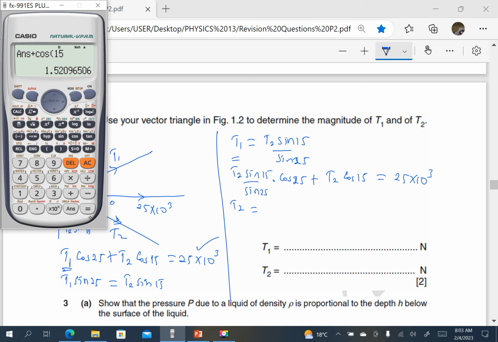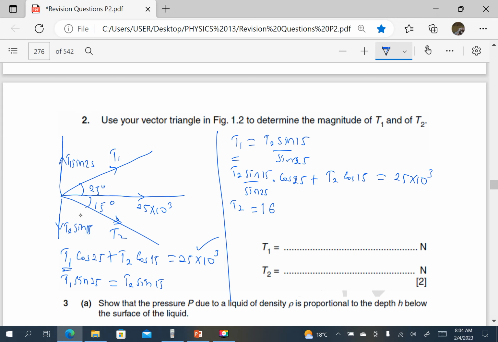If I combine these sines and cosines, I have 25,000 divided by the answer.